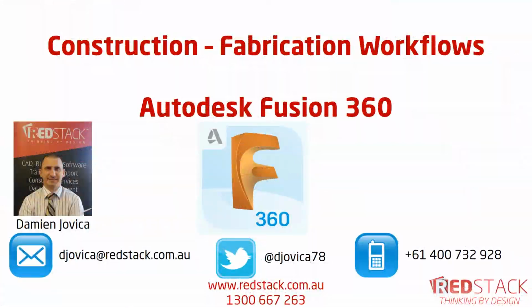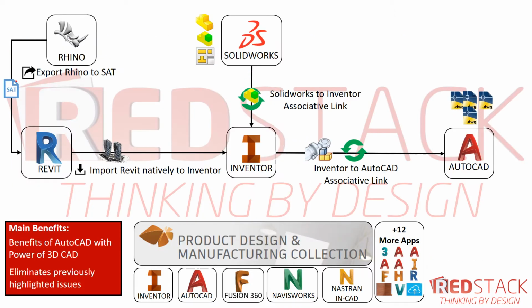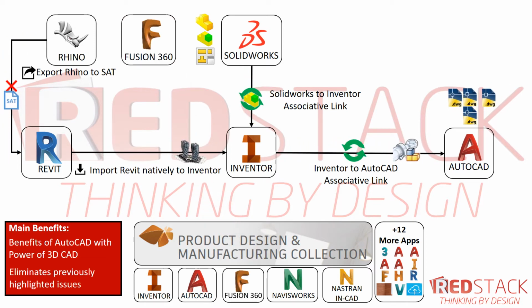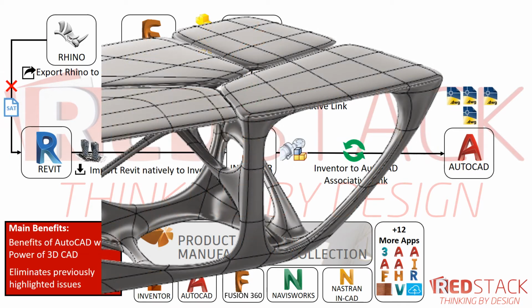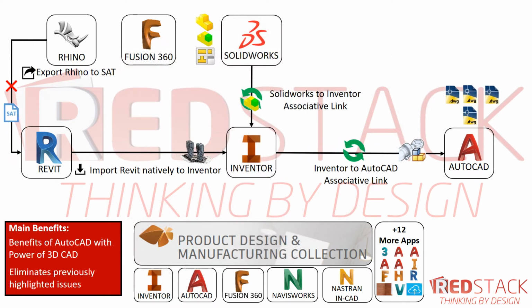So let's enhance this workflow now and see what happens when we put Fusion 360 in the mix. Fusion's the first cloud-based CAD model that's available on PC and Mac, and has very powerful surfacing tools. It uses NURBS and T-splines, so it's very similar to Rhino. So look, it's got the same limitation as Rhino in terms of going into Revit.